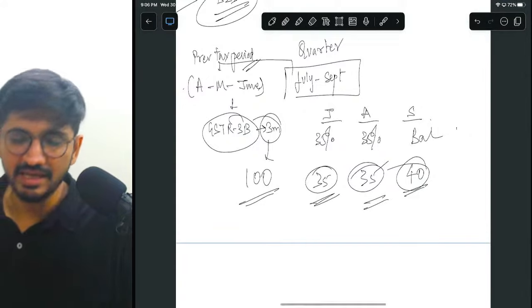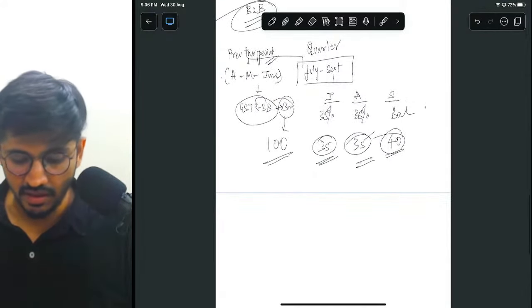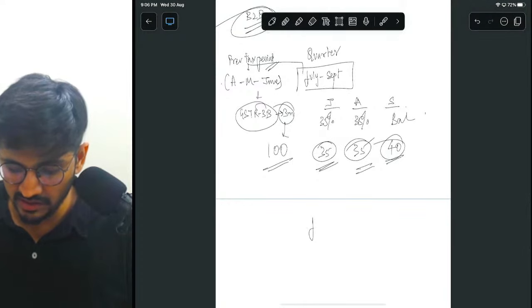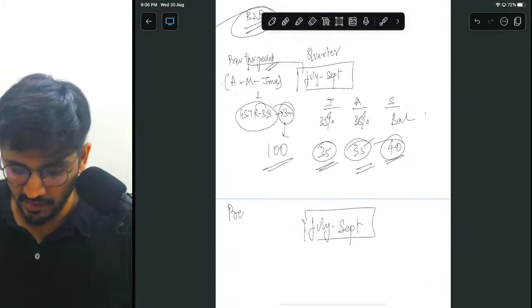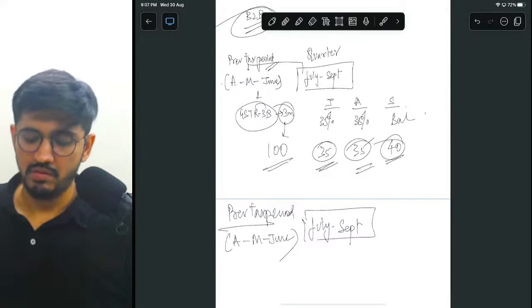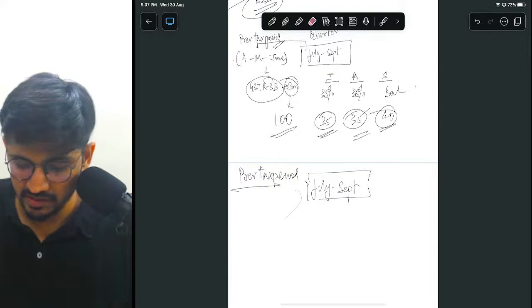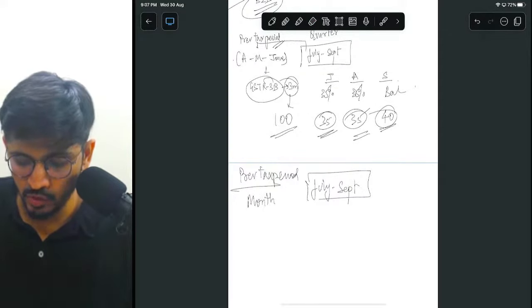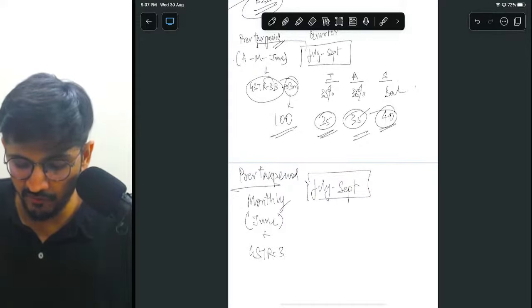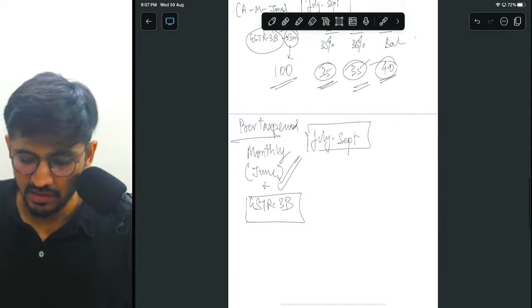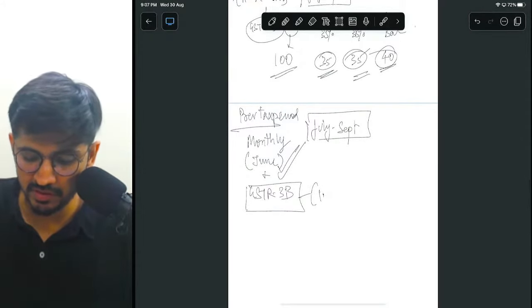Now, what I'm trying to gauge is, in the same quarter, let's say the preceding tax period was on a monthly basis. So you are in the QRMP scheme. Now you have filed GSTR-3B only for 1 month, and that is the June month. That only represents 1 month.